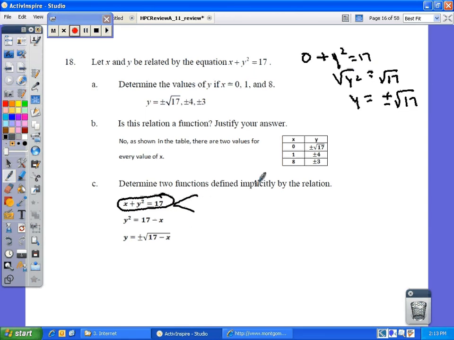That is, if you put together y equals the square root of 17 minus x, and you put that together with minus the square root of 17 minus x, if you were to graph these 2 functions in your calculator, you would get a graph that goes back to this relation.